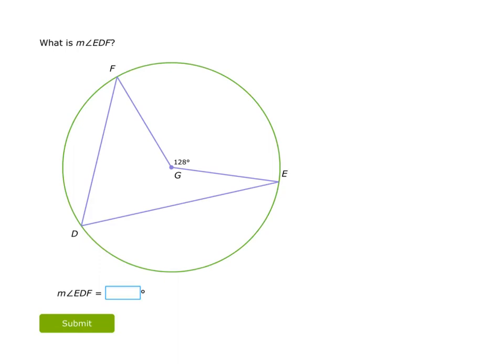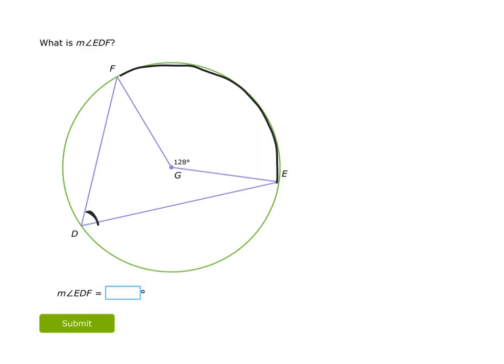So this first problem says, what's the measure of angle EDF? In order to know the measure of angle EDF, I have to know what this intercepted arc is, because one of the theorems that we've been learning says that the measure of this angle is half of the measure of the arc. What is the measure of arc FE?